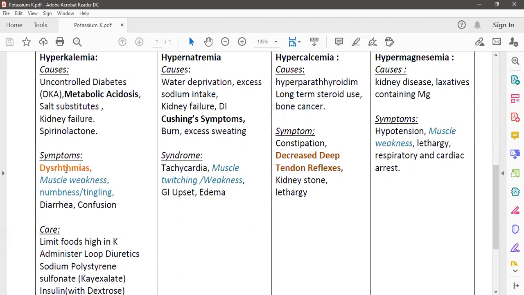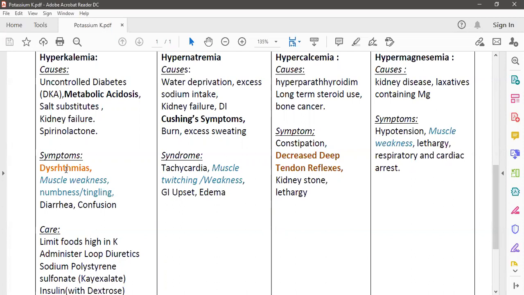So in both cases, in nursing management, we have to monitor the heart rate and rhythm. Then we have to monitor whether the client receives any kind of digoxin or not. We have to monitor it closely, because hypokalemia increases the risk of digitalis toxicity or digoxin toxicity.